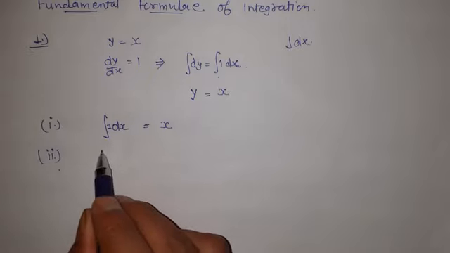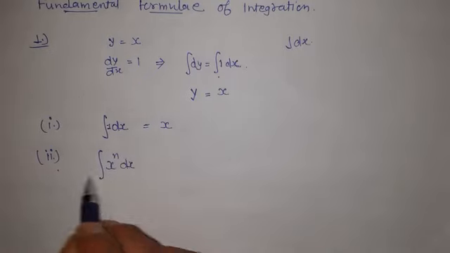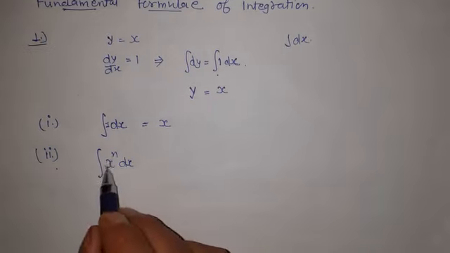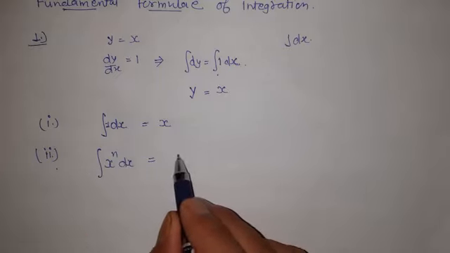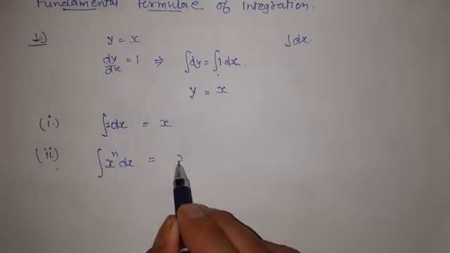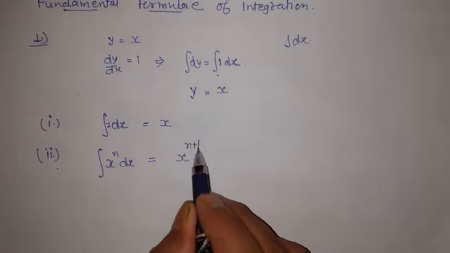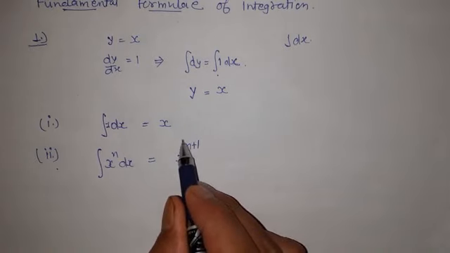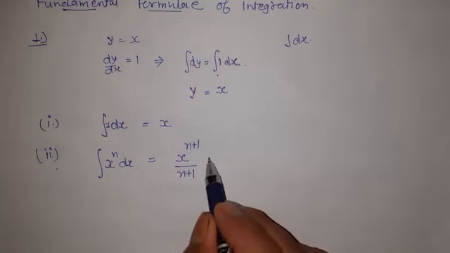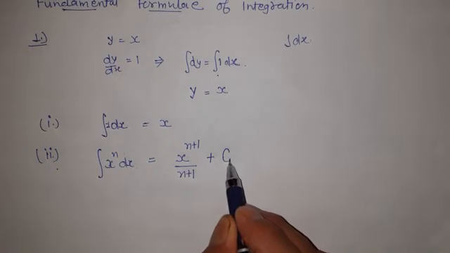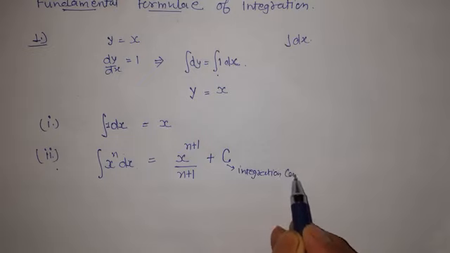The power rule: we are having the integration of x to the power n dx, with respect to x. So we are using this power rule. What the power rule says is that you write this x as it is, and add 1 to its power, then divide by the total power, which is n plus 1, and thereafter plus c, the integration constant.